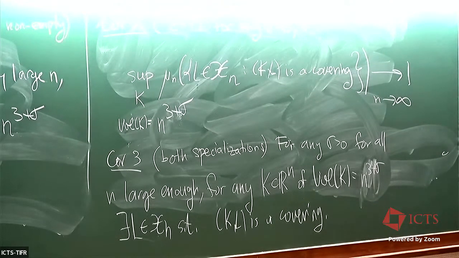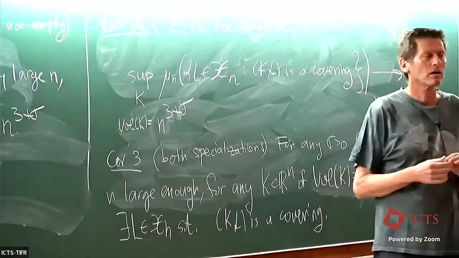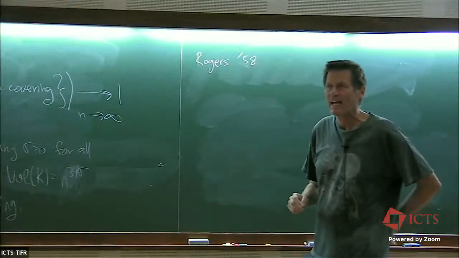It's a very famous problem to estimate the growth of the volume for which you have a cover. So I'm giving you a dimension n, which you should think of as being large. I'm giving you a convex body of some volume where the volume is a parameter. Does there exist a lattice of covolume 1 so that these translates cover? That's a well-studied question by many people, and particularly there was some work in the 50s by Rogers, and it went unimproved for many years. This is results from 58.